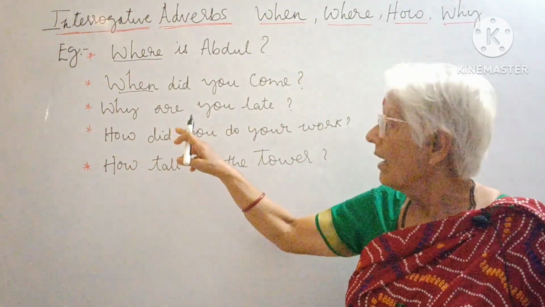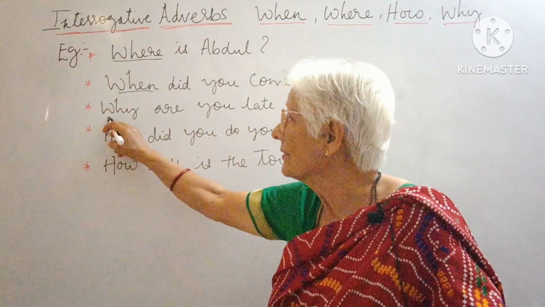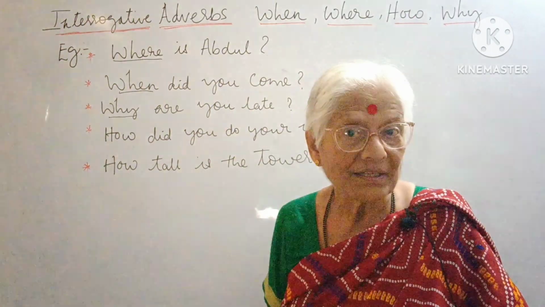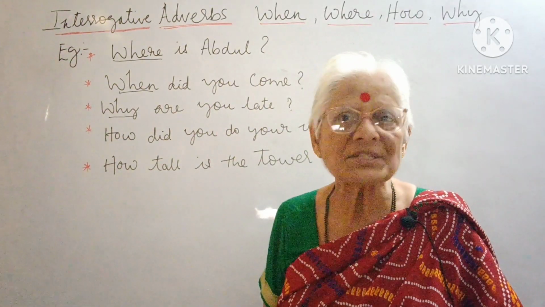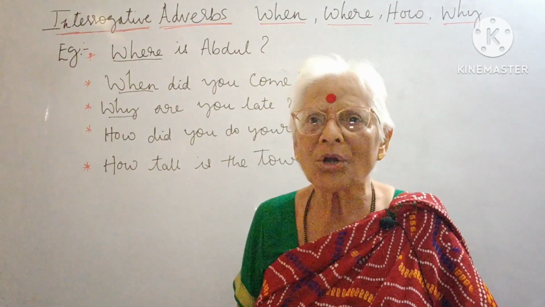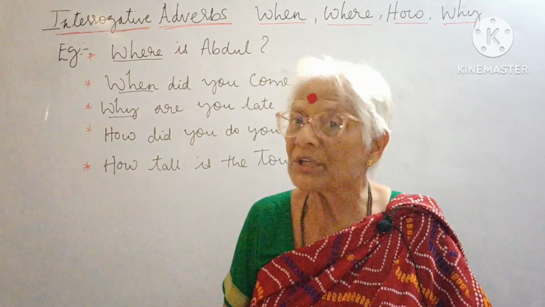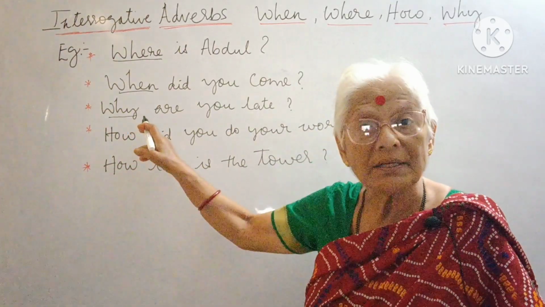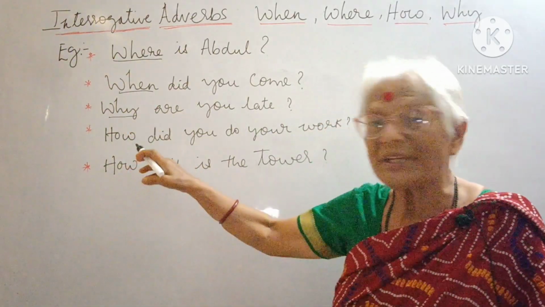Let's take the next one. Why are you late? Why? So you're going to give the reason. I am late because I missed the bus. Or I am late because I could not start early from home. It could be any reason that you give which answers the question, why? Specific answer. Come to the next one.